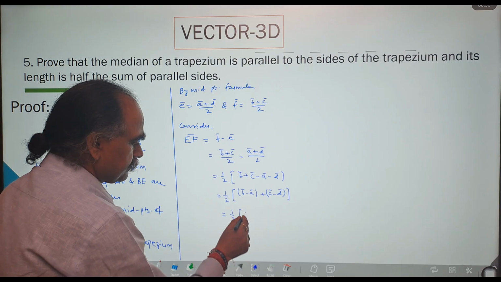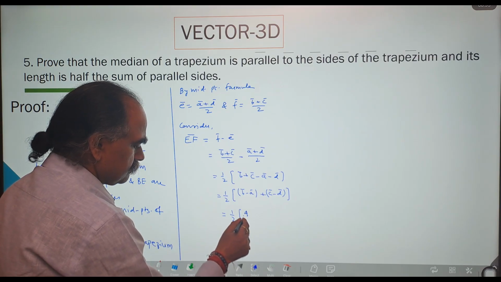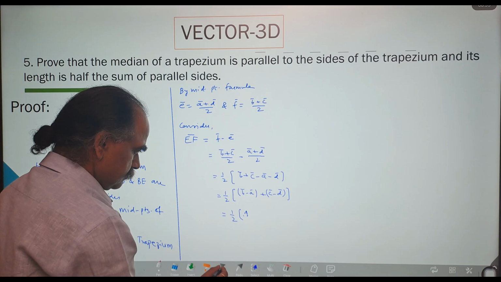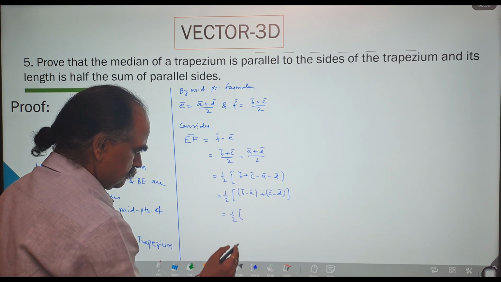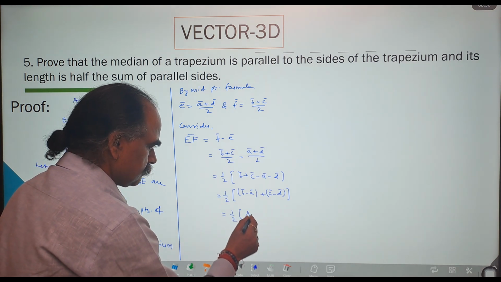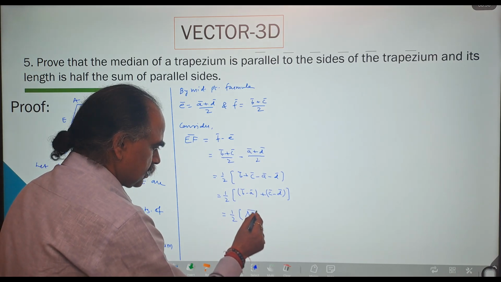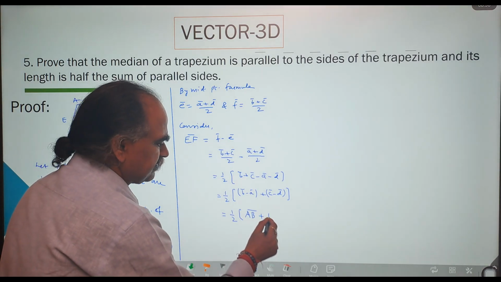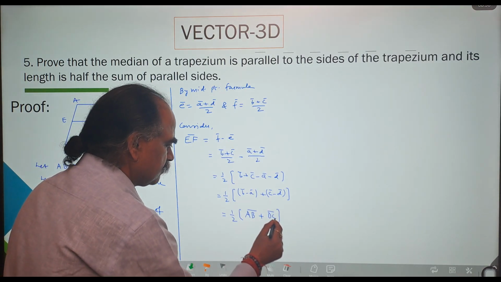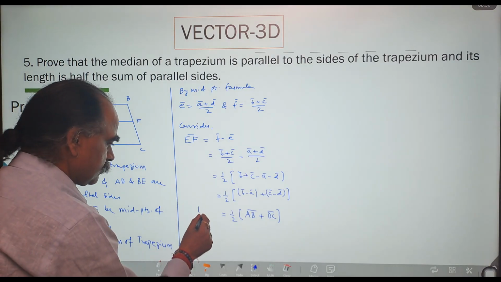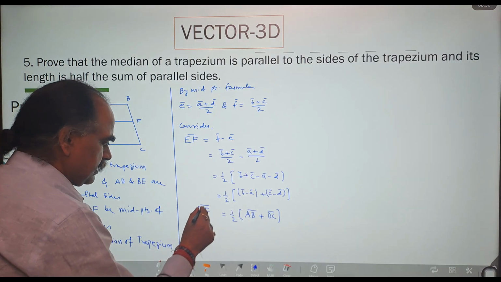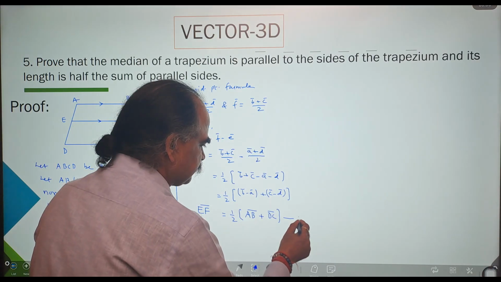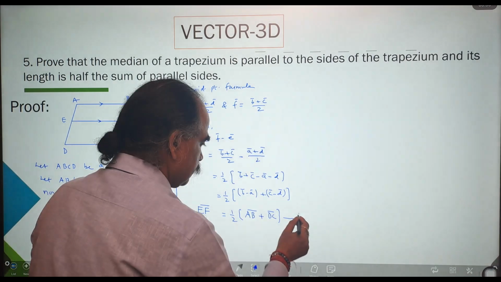Half, AB bar plus C bar minus D bar, which is what? DC bar. EF bar is what? Half AB bar plus DC bar. You write this as equation number 1.